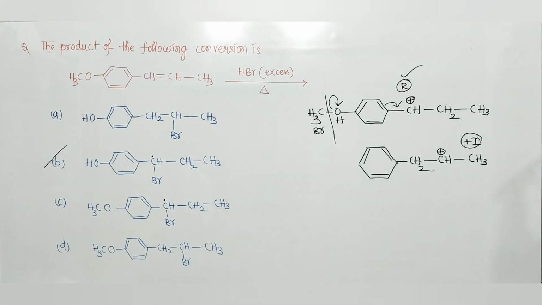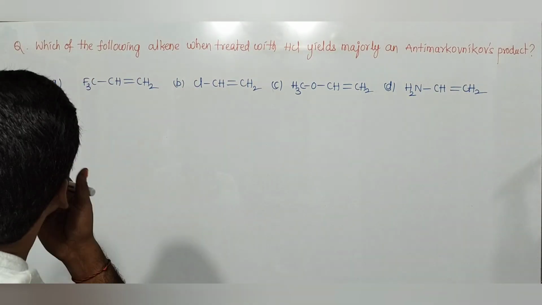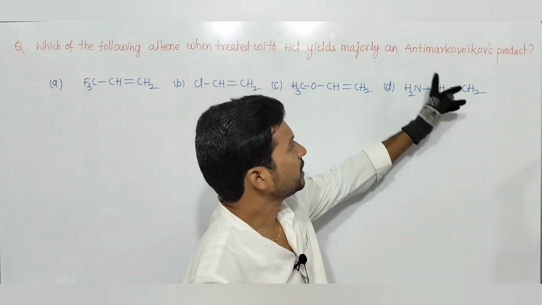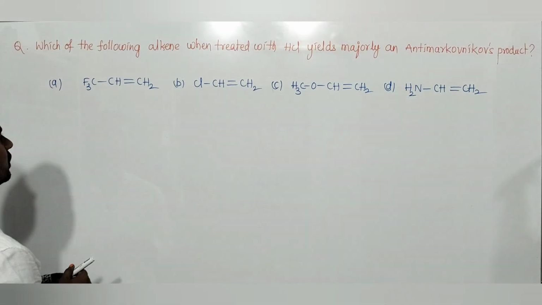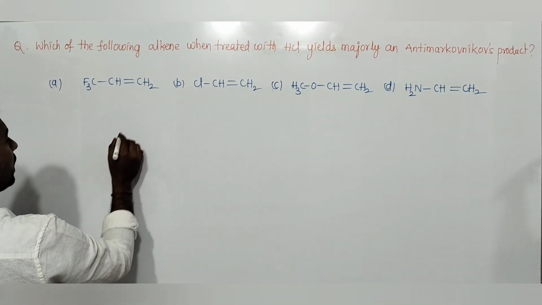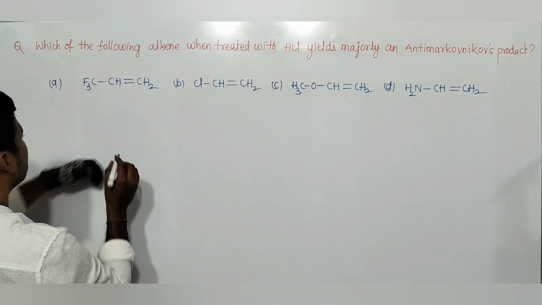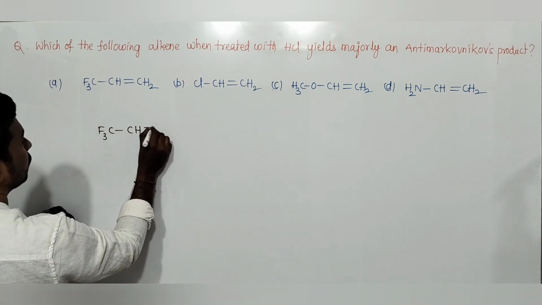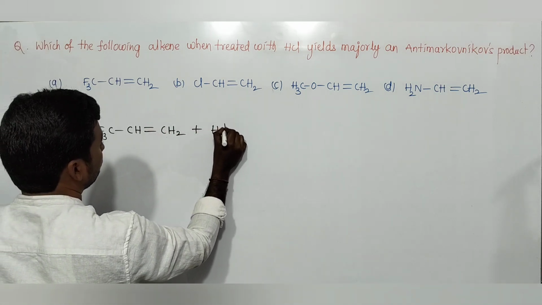Take this one. Let's see this question. Which of the following alkenes, when treated with HCl, yields majorly the anti-Markovnikov product? Which one gives the anti-Markovnikov product? See here, in this one there is CF3, a strong electron withdrawing group. What is Markovnikov's rule?